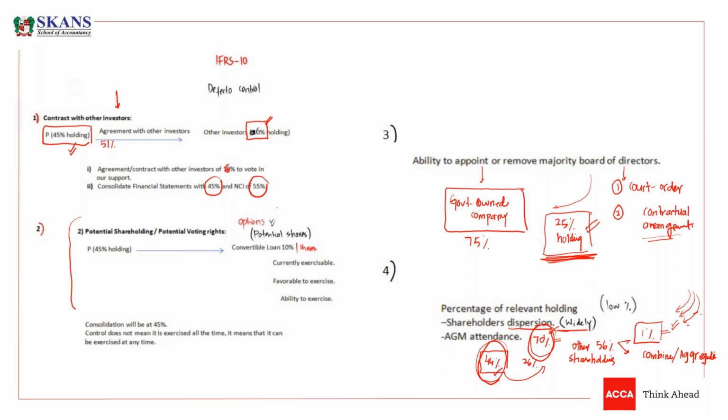It means the holding is becoming concentrated in some hands, so it seems we may lose control. So this could be the situation, guys. I hope this point is clear to everyone.